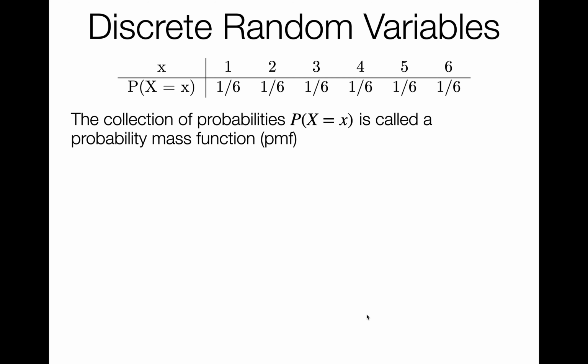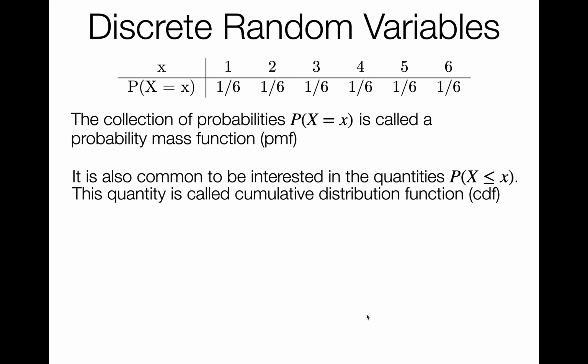Okay? So I can't roll a 1.5, or I can't roll a 4.1, okay? Or I can't roll a -2. I can only roll those 6 things. And so there are what are called point masses at those specific points, hence why it's called a probability mass function. Okay, so that's enough with that.